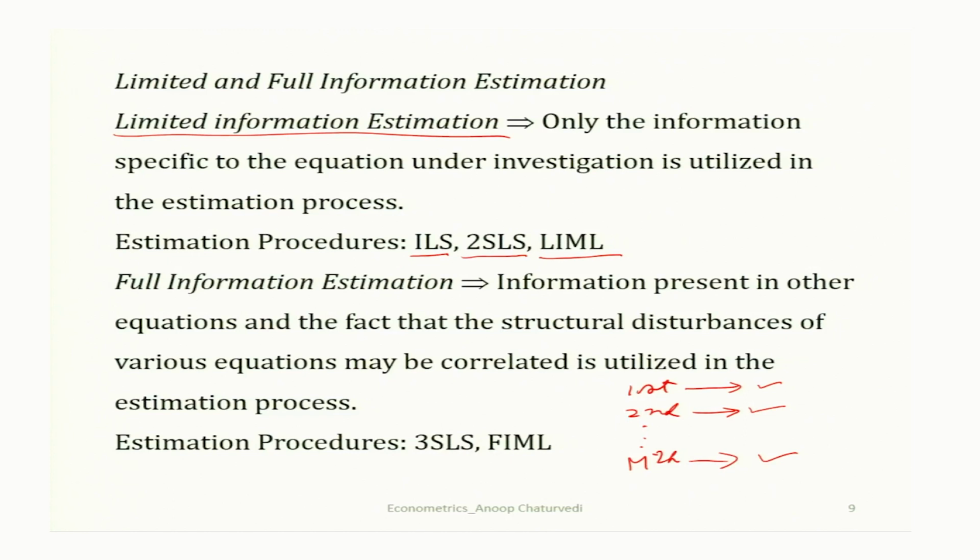The second option is, instead of estimating the parameters of each equation separately, you consider all the m equations simultaneously, and then you attempt to estimate the parameters of all the equations jointly or simultaneously. Such kind of estimators are called full information estimators.